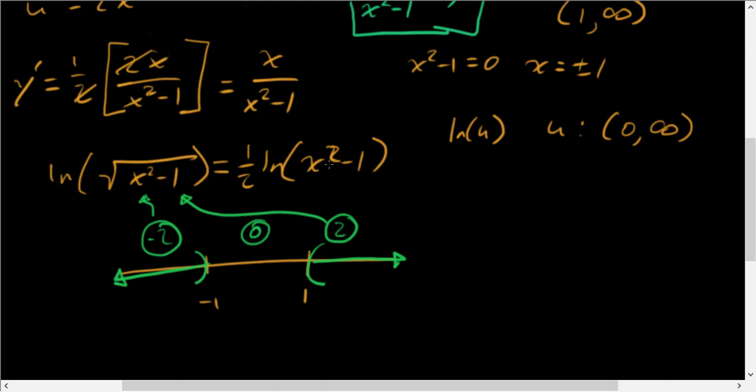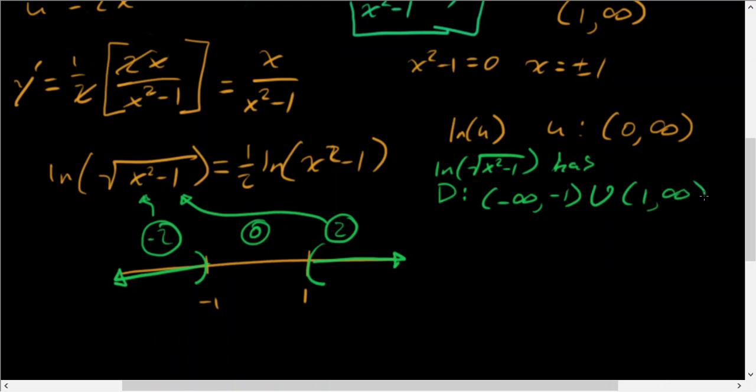Also undefined. So here it would be undefined. So the domain of the original, the domain of natural log of root x squared minus 1, has domain from negative infinity to negative 1 and 1 to infinity.